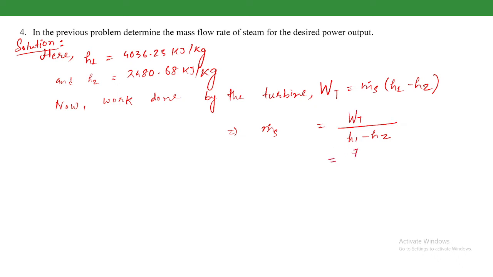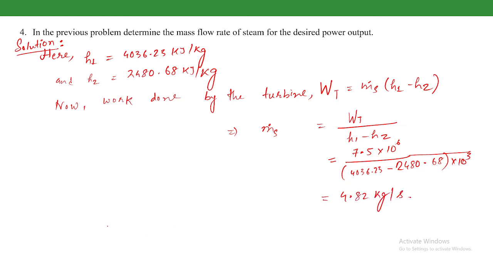It is given as 7.5 megawatts, so 7.5 into 10 to the power 6, divided by 4036.23 minus 2480.68, which is in kilojoules, so 10 to the power 3. So this value comes out to be 4.82 kg per second.